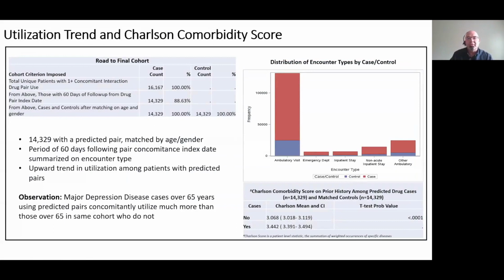The question, though, that still remains after all the dust has settled on this is, sure, we've predicted drug pairs, but can we prove something, just a little something, about the depression patients who have overlapping use of these predicted pairs, and whether or not we can discern a difference in their treatment, their utilization, general health, or sickness, compared to, say, depression patients who have no record of using the predicted pairs in an overlapping manner.